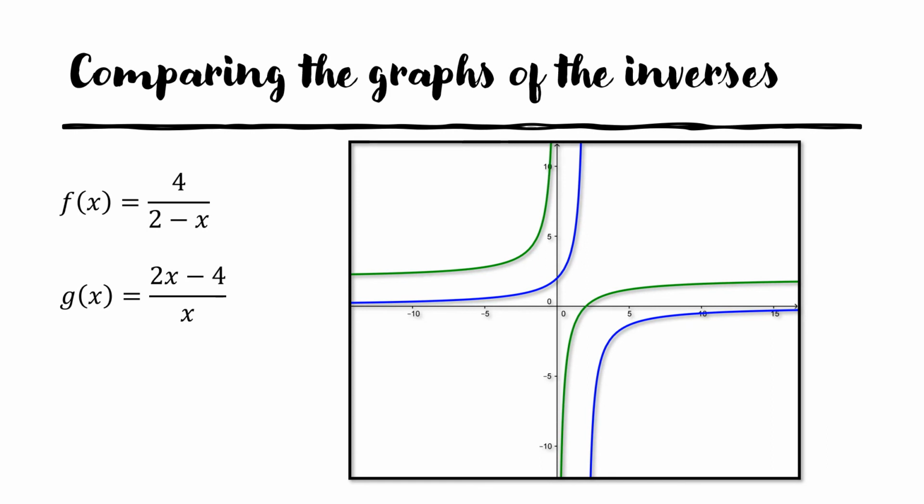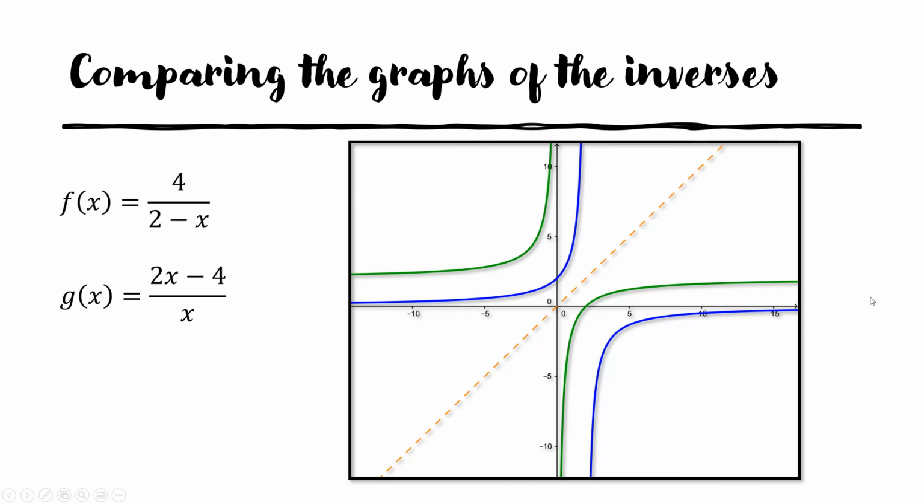If we draw the line x equals y and fold the graph along our line x equals y, this green graph below the x equals y is actually this one.